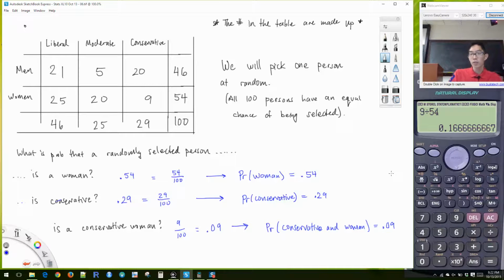Notice what I've written here: probability, conservative, and woman. So this is the probability that someone we randomly select from the entire table is conservative and a woman, or is a conservative woman.